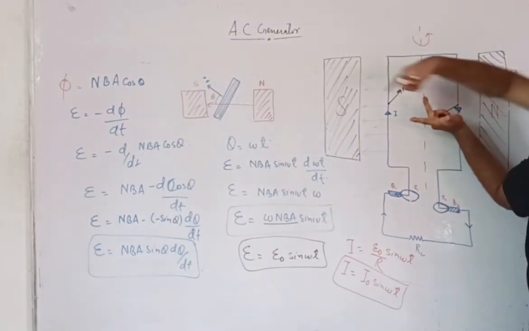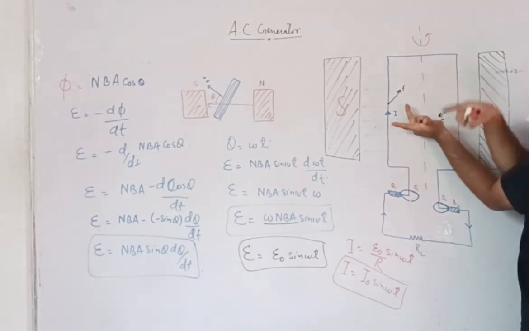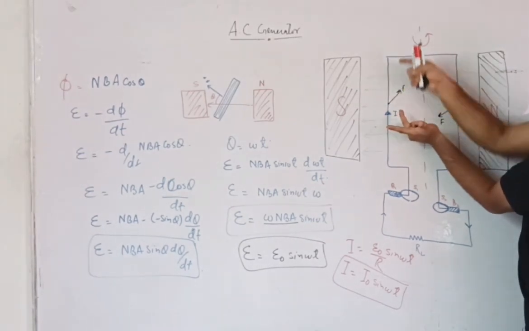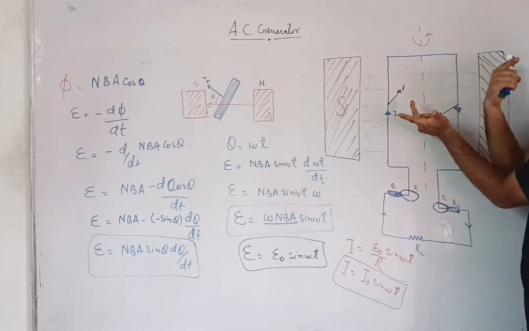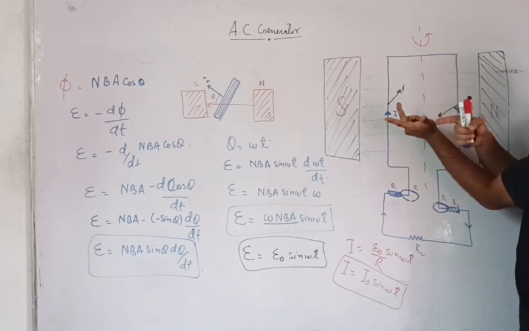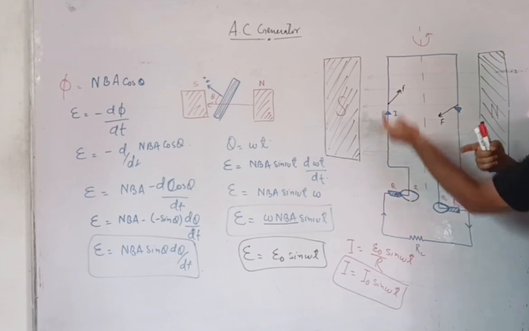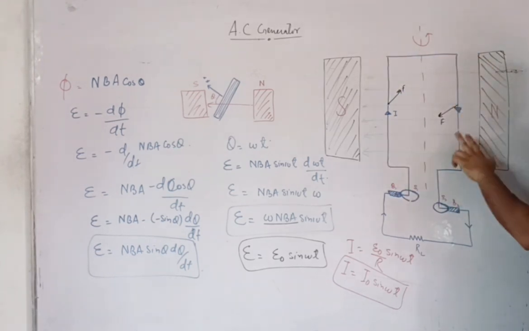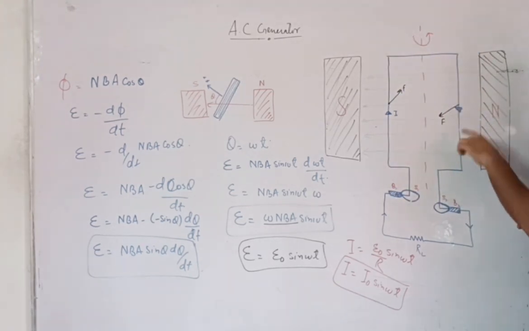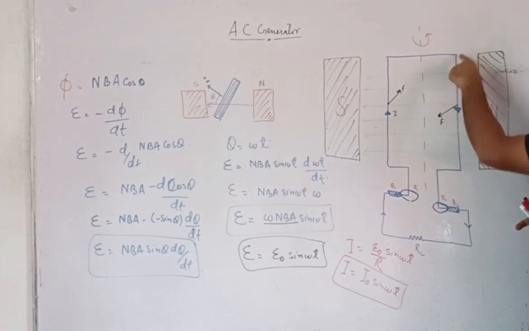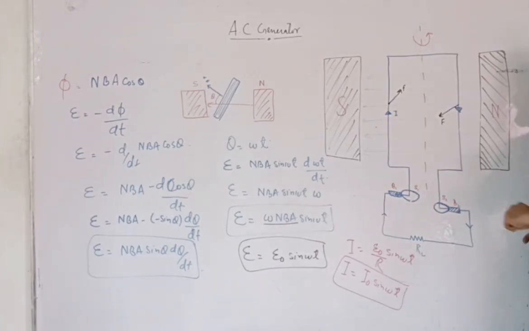This part of the coil is coming outwards because it is anticlockwise motion. So force is given by the position of the thumb, and the middle finger gives the current. So the current is from this point to this point, and the direction of current in this part of the coil is downwards.